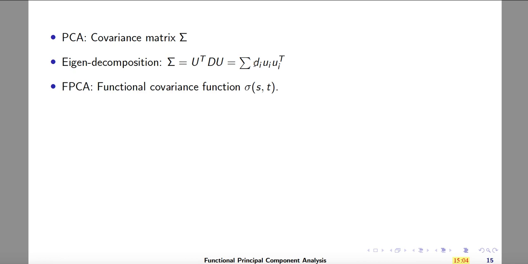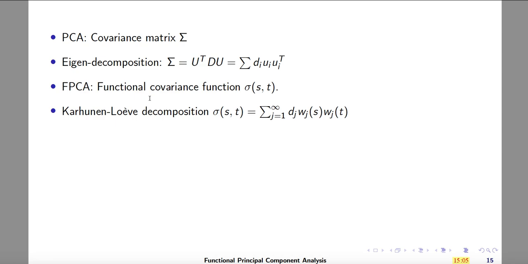scores. Okay, yes. So for the functional PCA, we were working on the functional covariance function sigma s of t, right? We have the definition of sigma s of t at the beginning of our lecture. After we get this functional covariance function, there's a famous KL decomposition on the sigma s of t. You can write sigma s of t equal to the infinite summation of dj times wj of s times wj of t.